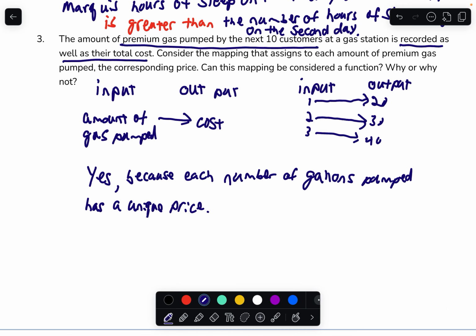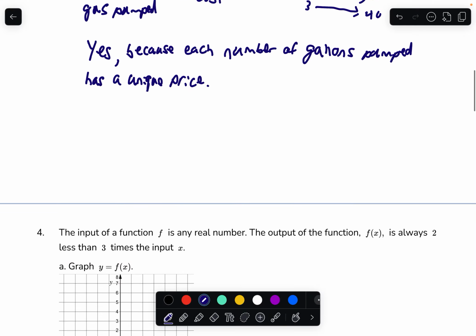If you pump 10 gallons at this gas station, the first customer paid $50, and a second customer pumped 10, he would also be paying $50 unless something funky's going on. All right, so yes, because each number of gallons pumped has a unique price that you have to pay.